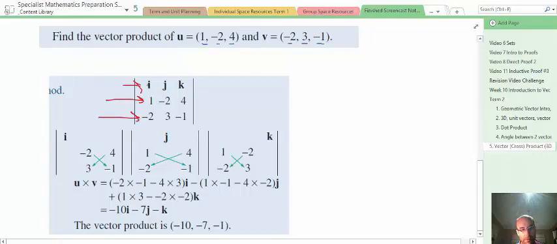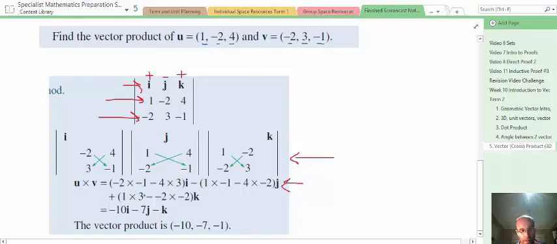Vector v likewise. Remember, we start by covering up i, doing the cross multiplication, covering up j, cross multiplication, covering up k, and remember our signing. And you can see the process fully expanded in the second row here. Pause the video to have a closer look.